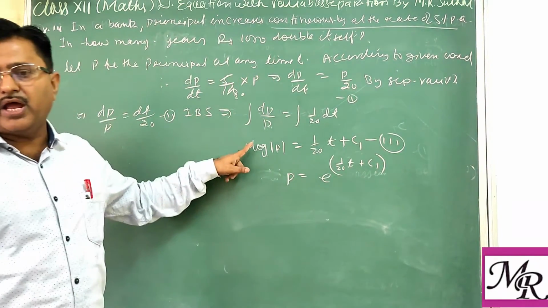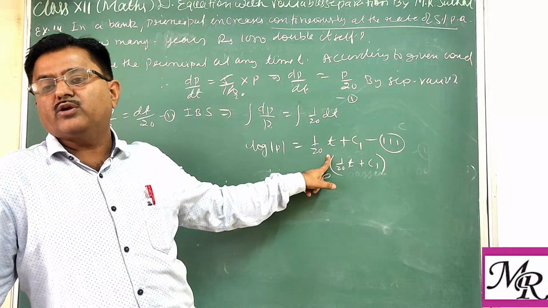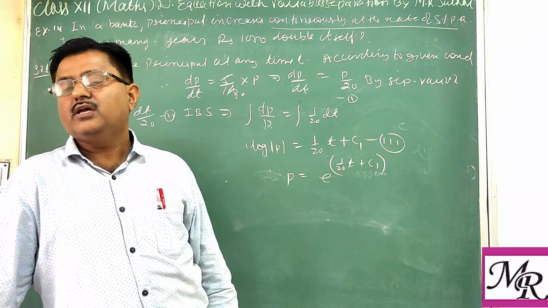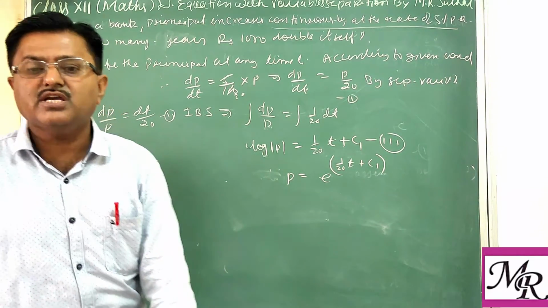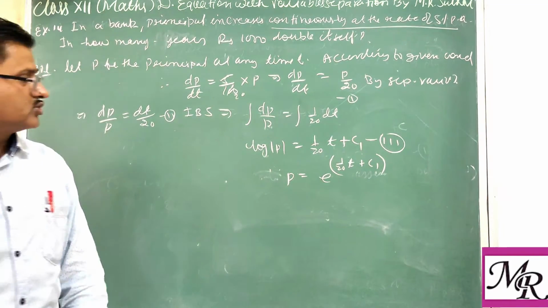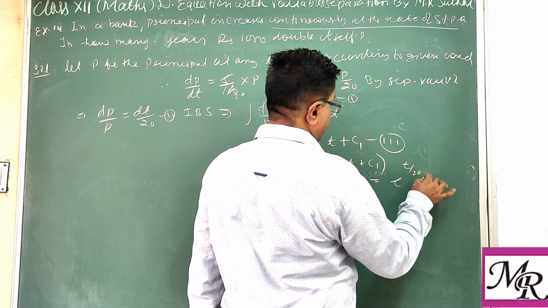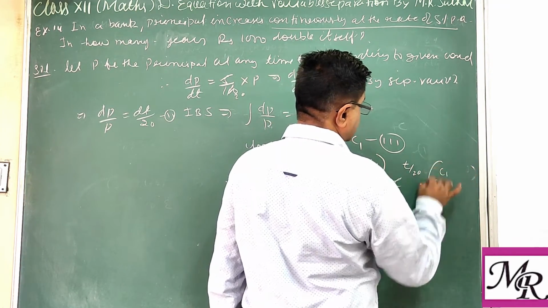As we know, when log moves to the other side, it is converted into an exponential. As we have already said, the logarithmic and exponential functions are inverse to each other. So we can write it this way, e power t by 20 into e power c1.